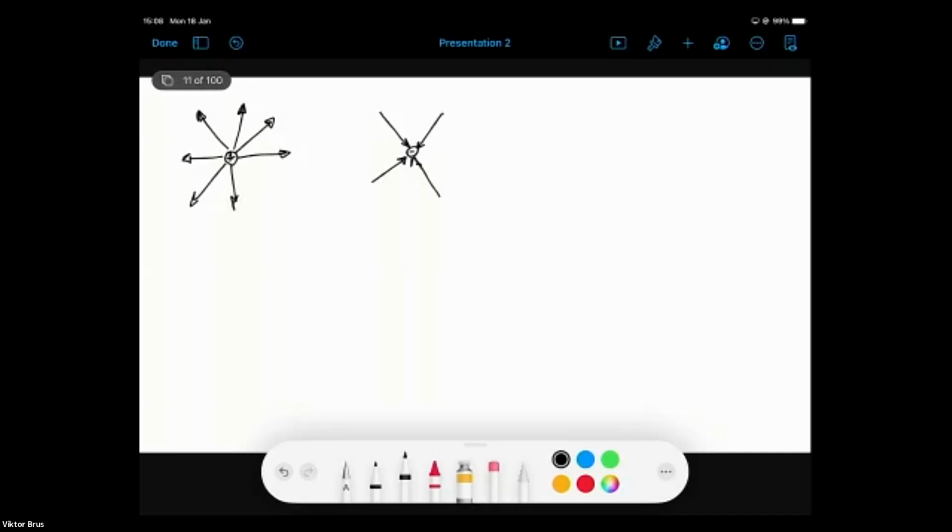So by changing the density of electric field lines, we can easily graphically represent direction and strength of electric field. Okay, so these are the main concepts you need to know about electric field lines.